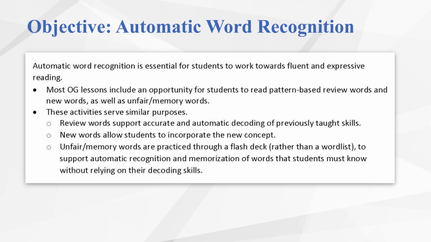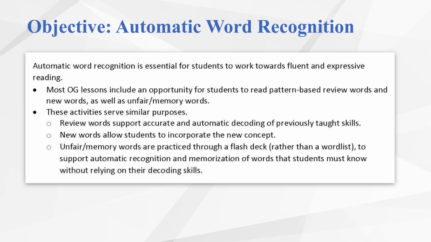Automatic word recognition is essential if we want students to become fluent and expressive readers. In an OG lesson, we work on automatic word recognition in several different components: review words to read, new words to read, and memory word procedures. In review words to read, we provide students with word lists using previously taught skills.